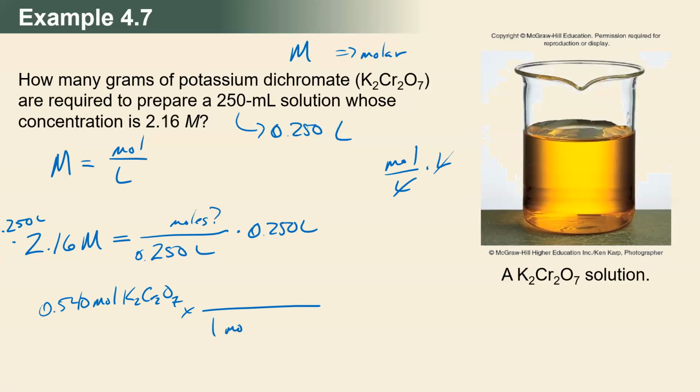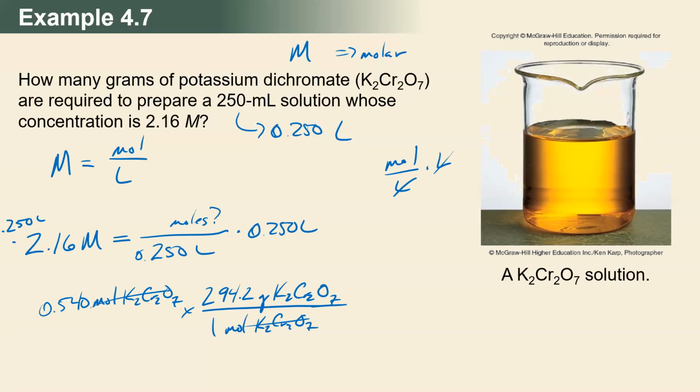And then the only thing we need is the molar mass of K2Cr2O7. Potassium, 39.1 times 2, plus chromium's 52 times 2, plus 7 oxygens, 7 times 16. I got 294.2 grams per mole of K2Cr2O7.